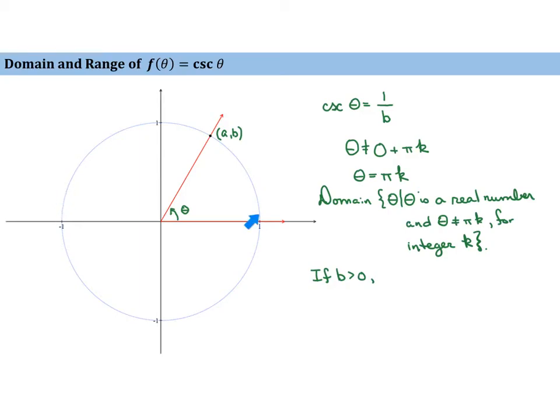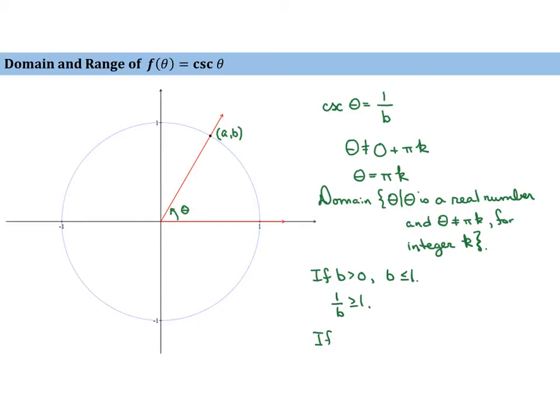If b is positive, notice that b also has to be under or equal to 1. Since b is less than or equal to 1, then this means that 1 over b would be bigger than or equal to 1.